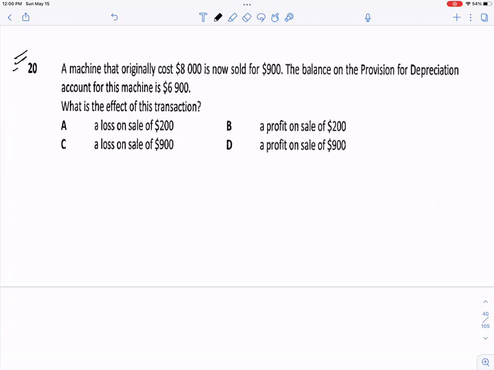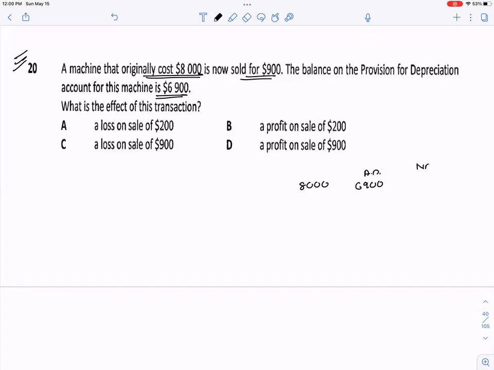Come on, do the 20th one. Cost was 8,000. Accumulated depreciation 6,900.